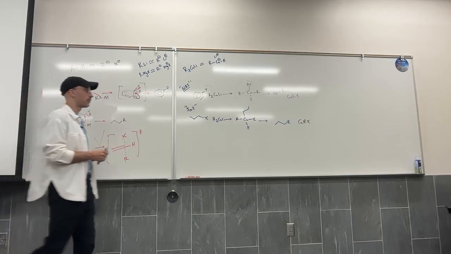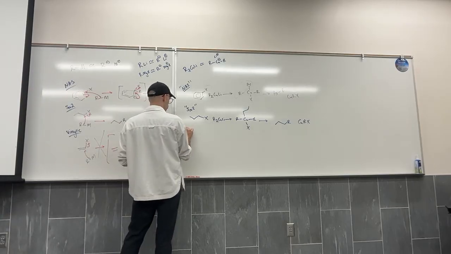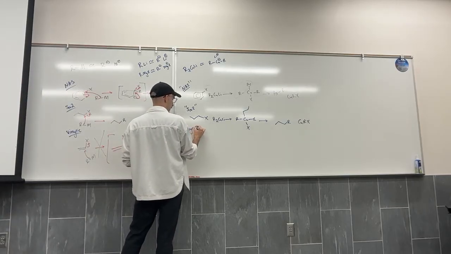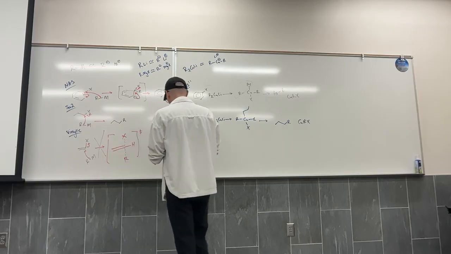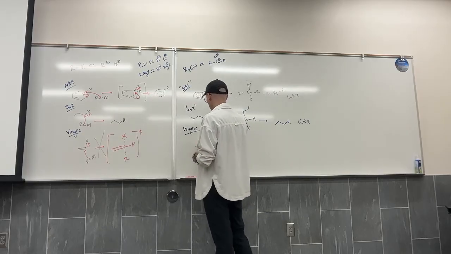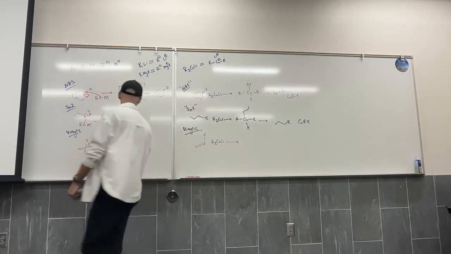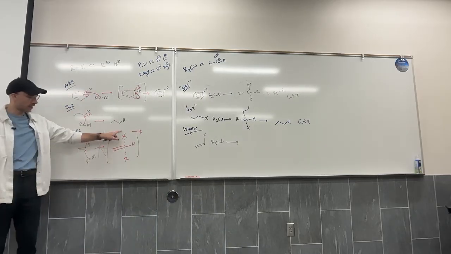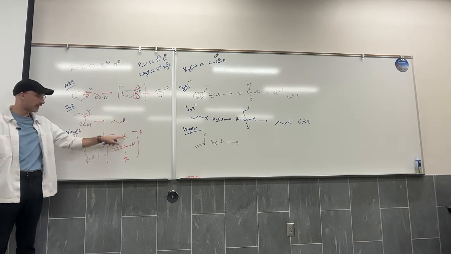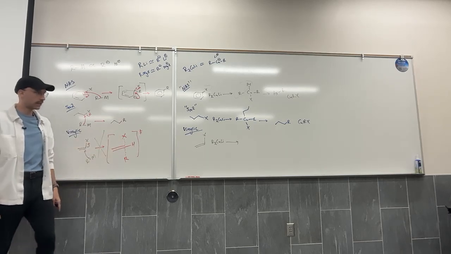But in terms of what it can do, it truly is able to run this vinylic substitution because it doesn't need to go through some sort of strange high energy SN2 intermediate.